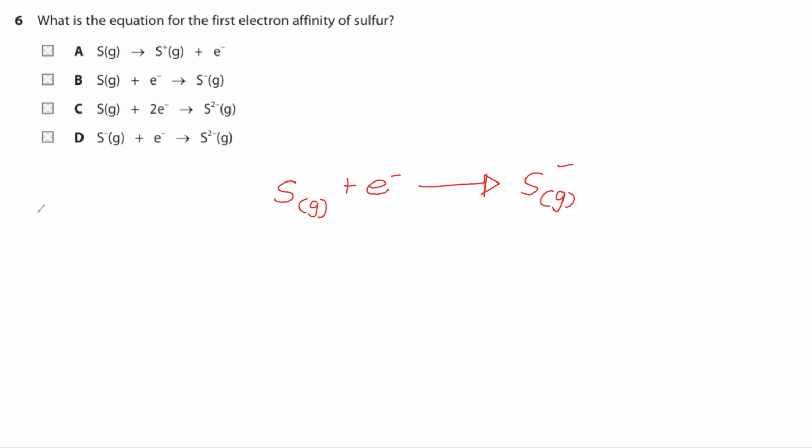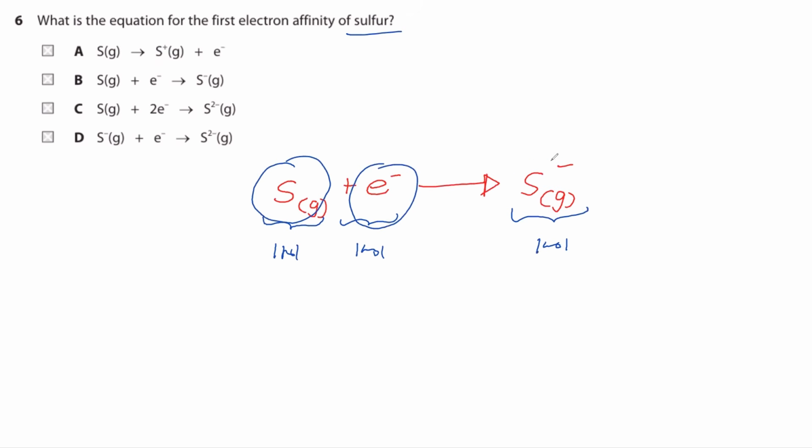If I repeat it again, it is the enthalpy change when 1 mole of gaseous atoms takes 1 mole of electrons to produce 1 mole of uninegative gaseous ions. So this is the first electron affinity of any element. For sulfur, it is 1 mole of sulfur gaseous atoms taking 1 mole of electrons to form 1 mole of S minus gaseous ions. We have 4 answers, and out of these, B is the one which represents this scenario. So therefore the answer for question number 6 is B.